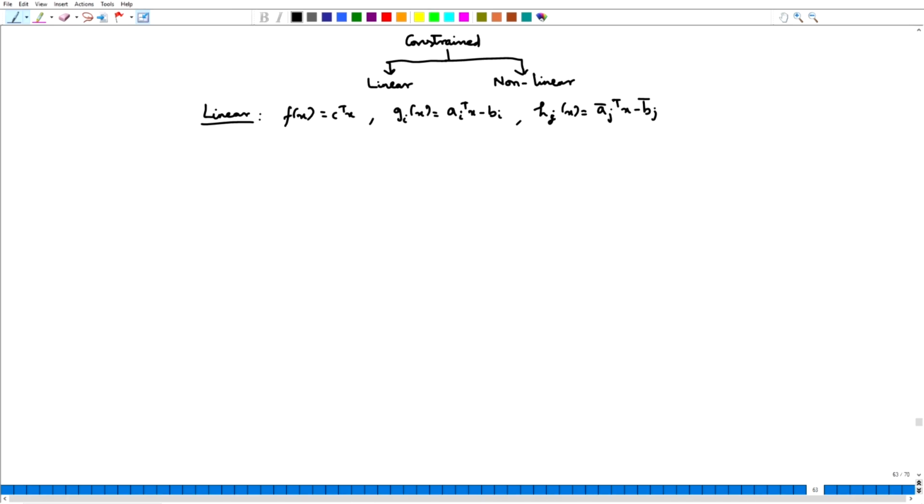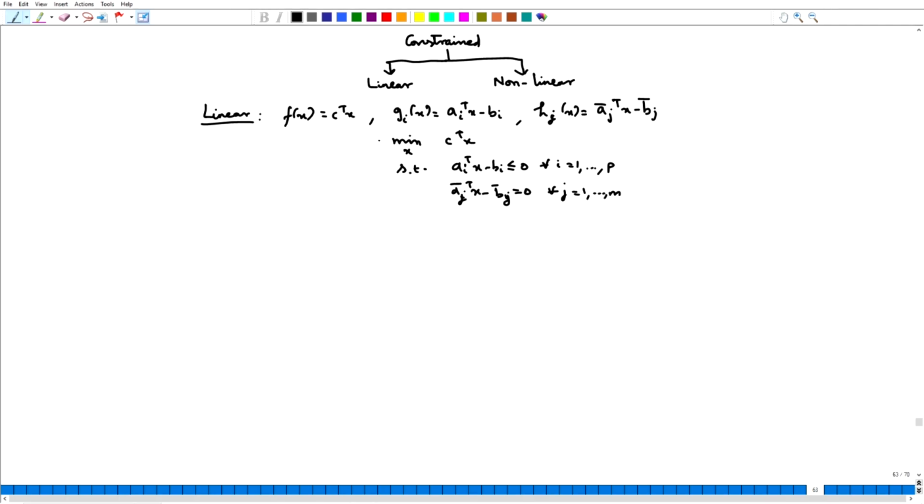So a linear optimization problem will always be of this form: min c transpose x subject to a_i transpose x minus b_i less than or equal to 0 for all i equal to 1 to p, and a_j bar transpose x minus b_j bar equal to 0 for all j equal to 1 to m.